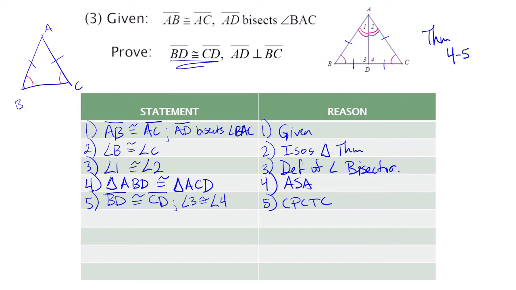Because if we can say that these are congruent and they form a linear pair, then that must mean they're right angles, right? All right, so then we can say that angle 3 and angle 4 are supplementary by the linear pair postulate.